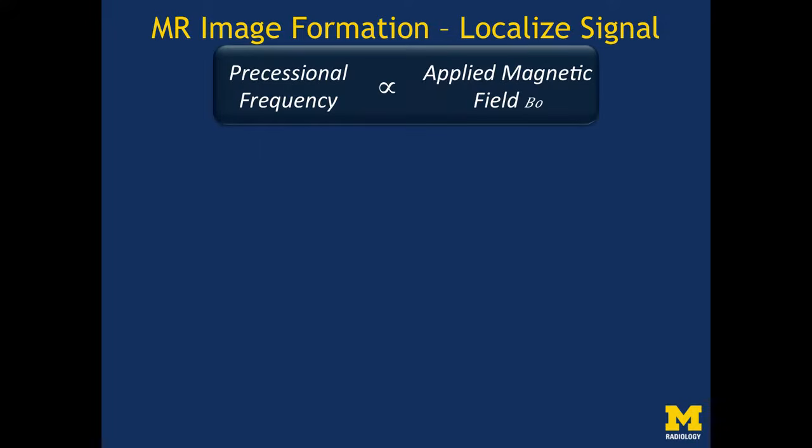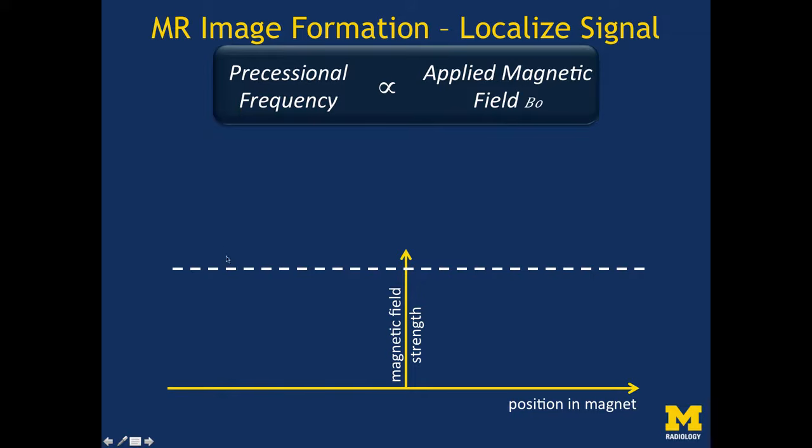Okay, last topic is how do we localize our signal? That first expression, that first equation, indicating that the precessional frequency is directly proportional to your applied magnetic field is the key. We spend a lot of money on our magnets. These are large magnets, and we go to great expense to make them as uniform.